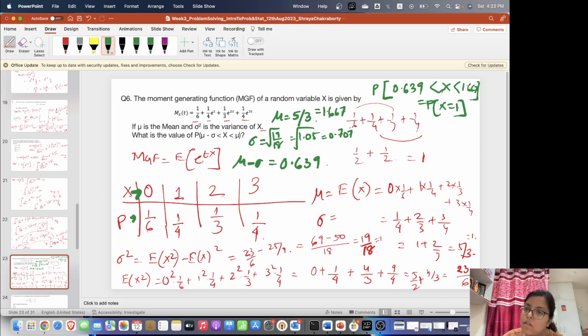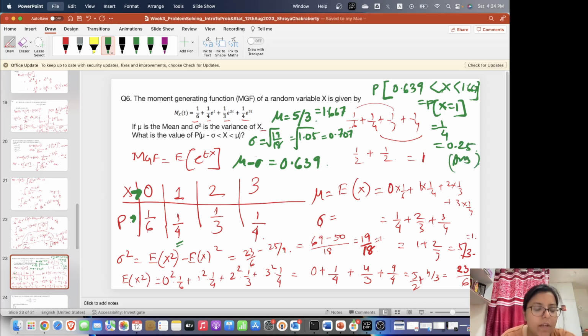Okay. So that is why we put probability x equal to 1, and that is from the table 1/4 or 0.25. This is my answer. I don't think you are convinced.